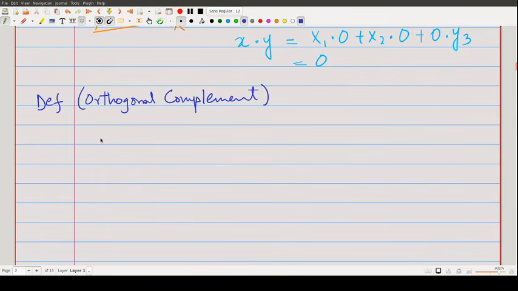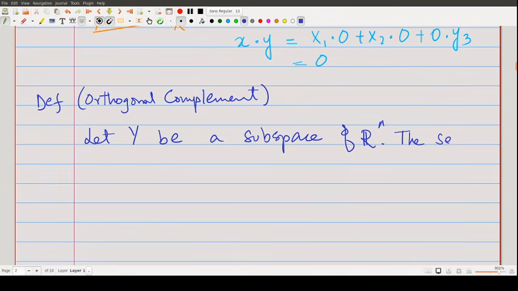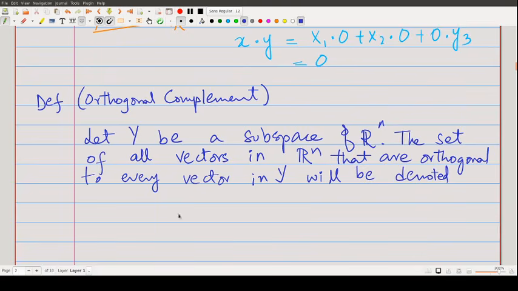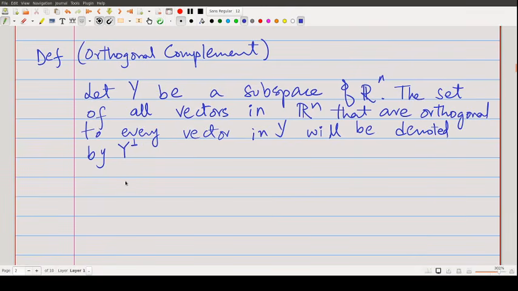And the idea is as follows: let Y be a subspace of Rn, then the set of all vectors in Rn that are orthogonal to every vector in Y will be denoted by this symbol, Y complement, and we define it as Y complement.